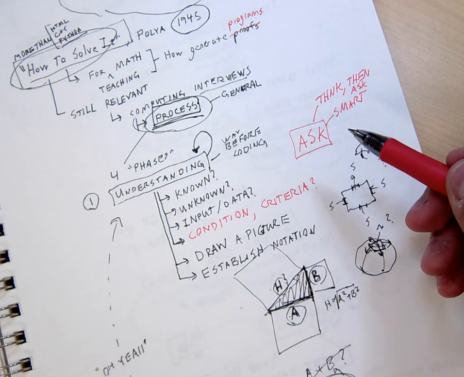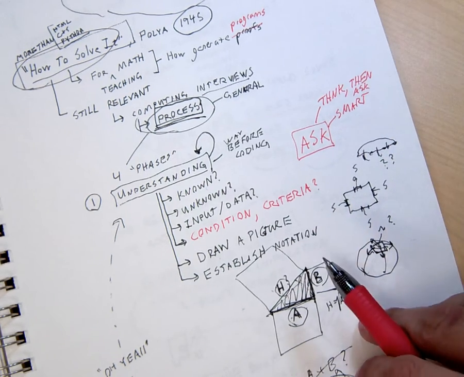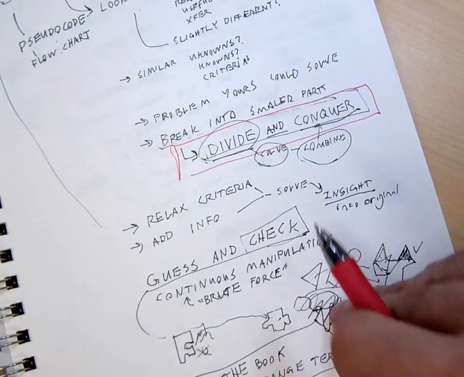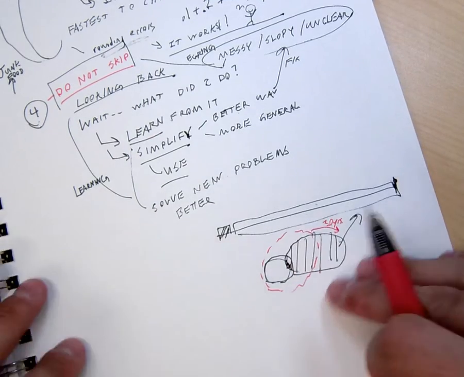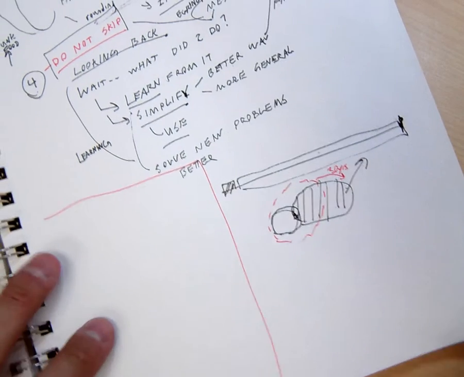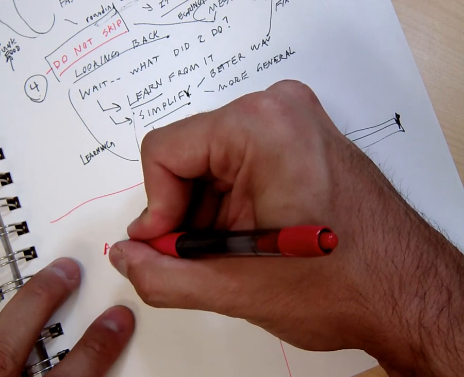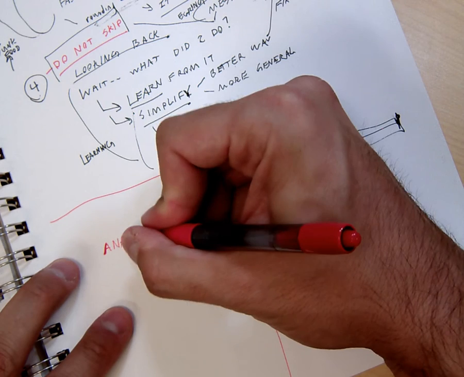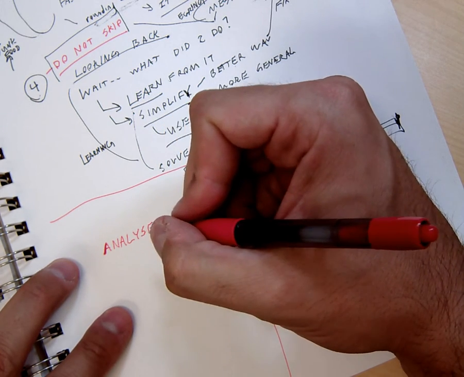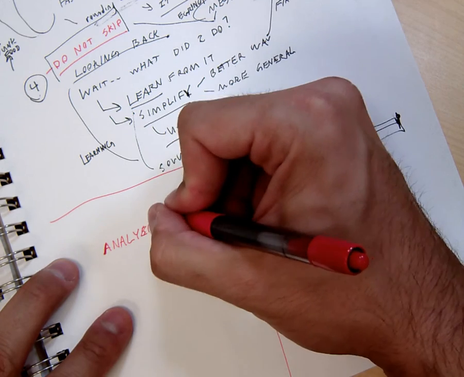So, if you're looking at this from a computer science point of view, your book breaks it up a little bit differently. Your book says, from a computer science point of view, we might think of that first step of Polya as analysis.